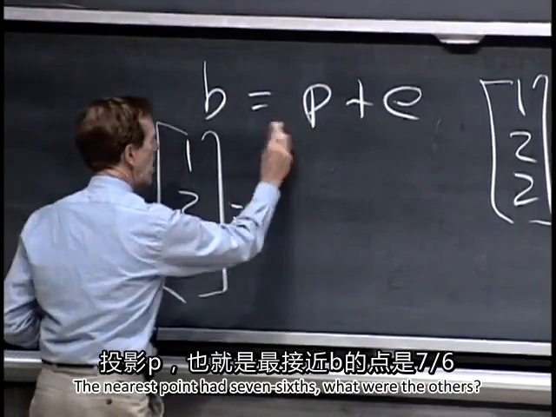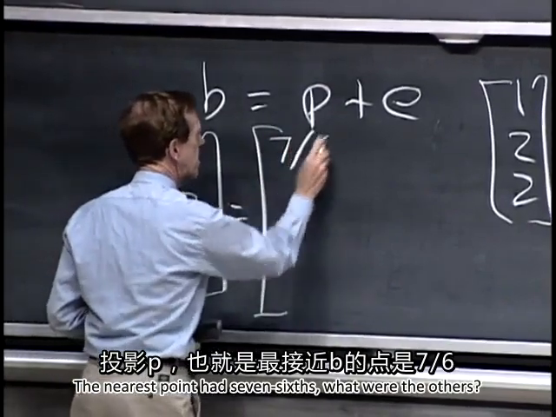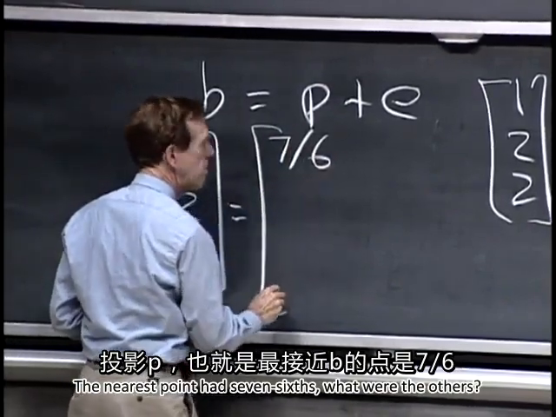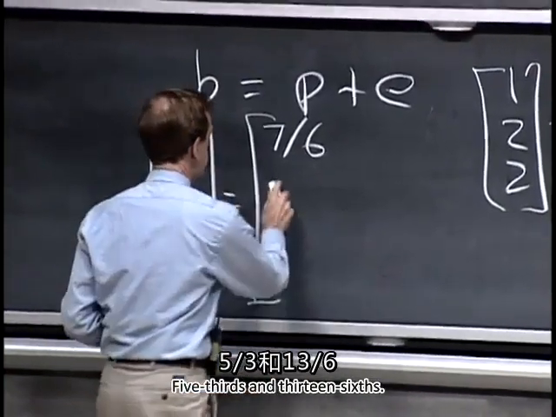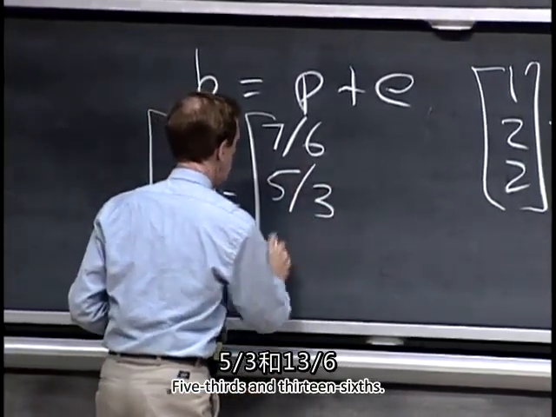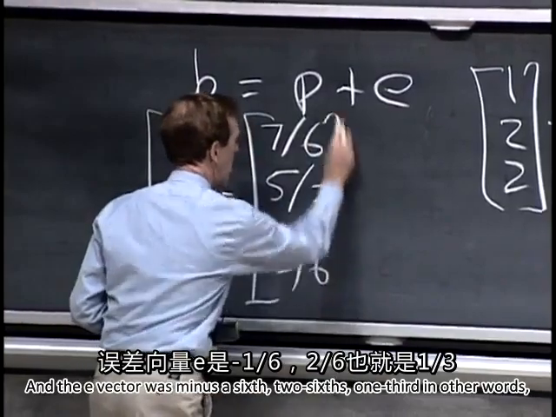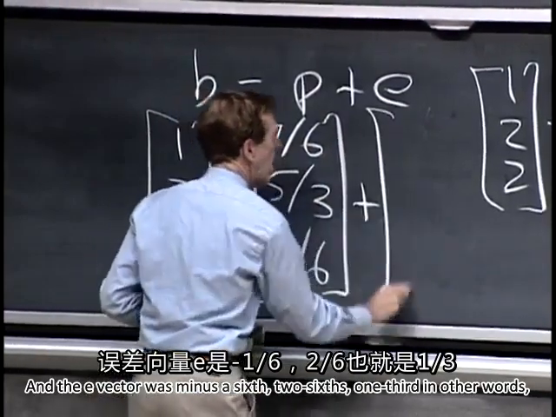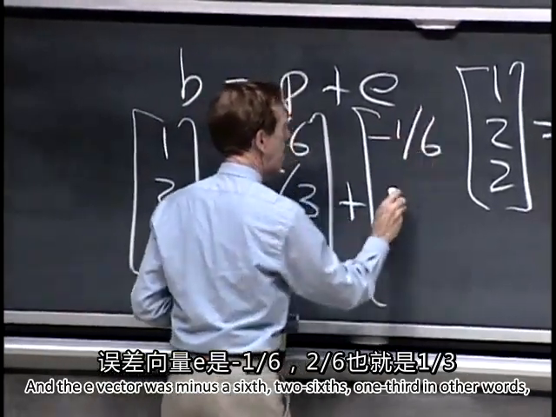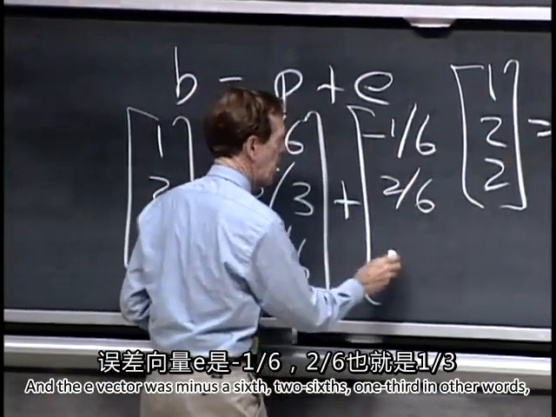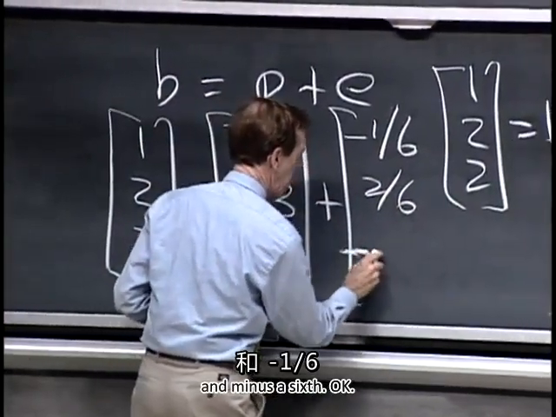The nearest point had 7/6, 5/3 and 13/6. And the E vector was minus 1/6, 2/6, 1/3 in other words, and minus 1/6.